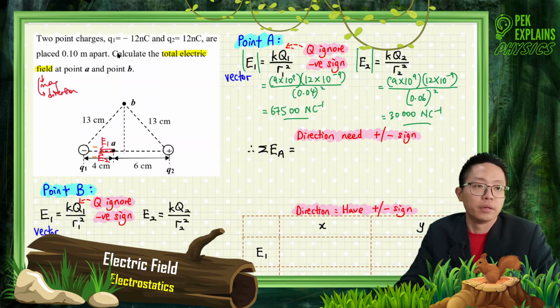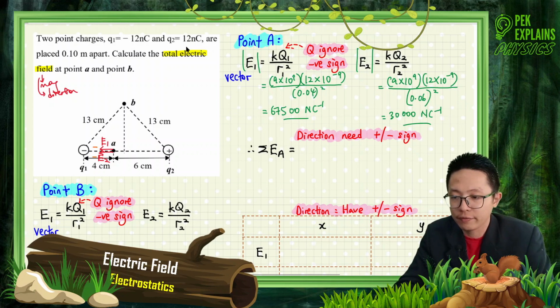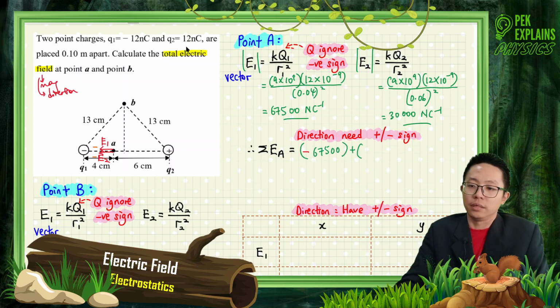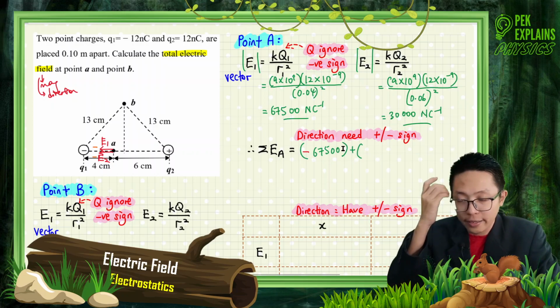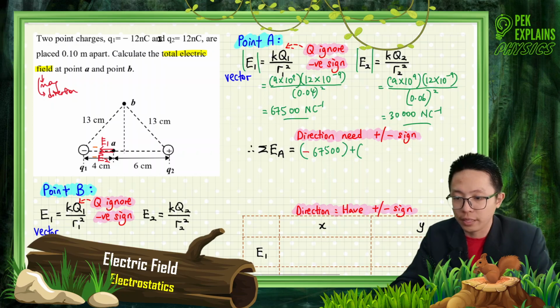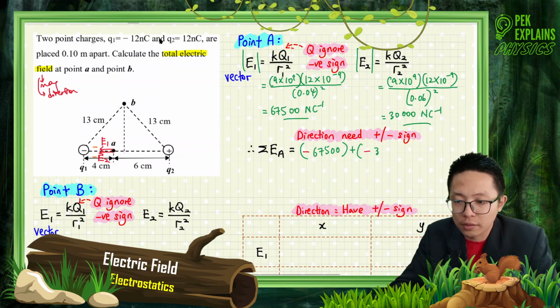So E1 is negative 67500, and then plus E2 also to the left, to the left is negative, so put as negative 30,000.